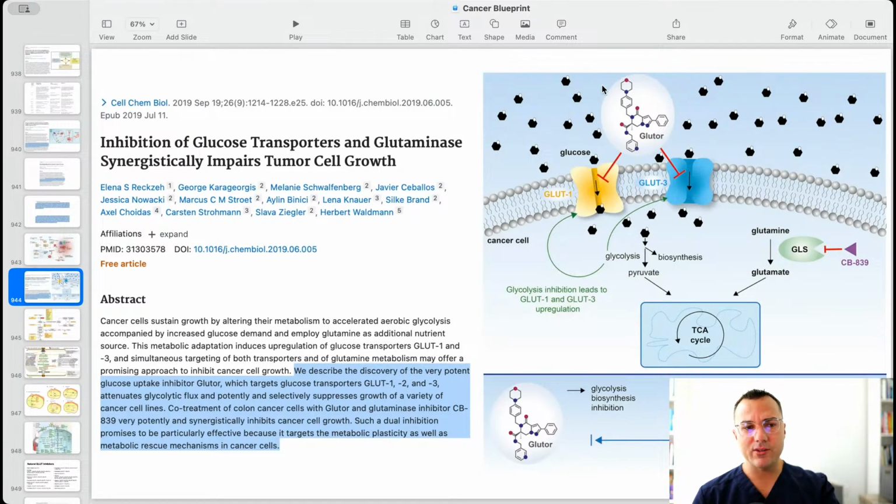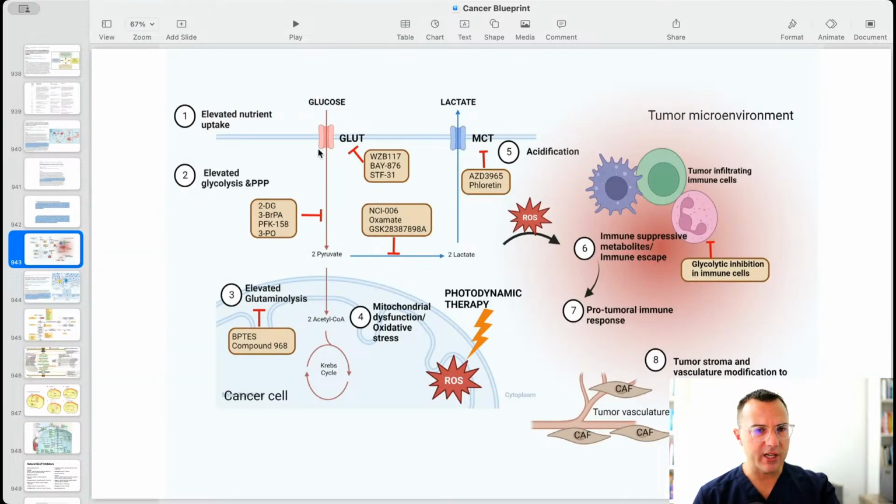My point is that we have a lot to learn with this. And as with any glucose-blocking or glycolysis-blocking molecules, it would be highly recommended that you are in a ketogenic state and completely keto adapted before you start toying around with this. The reason I say that is because something that was also in this particular graphic from the prior paper was 2DG. Even people in therapeutic ketosis who are keto adapted, have a good GKI, low blood glucose, high ketones, the whole gamut, when they take 2DG, they feel hypoglycemic.